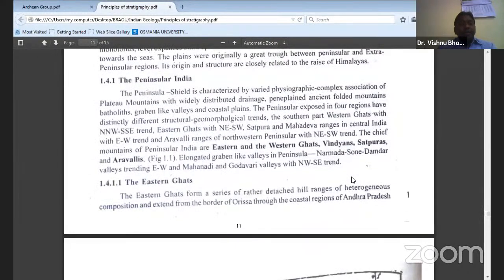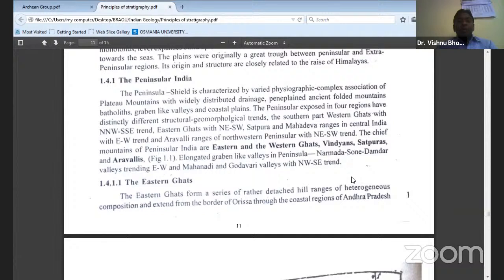Now, if we look at peninsular India, the peninsular shield is characterized by a varied physiographic complex and an association of plateaus and mountains. It has a wide distribution of drainage patterns, peneplain, ancient folded mountains, batholiths, graben-like valleys, and coastal plains.